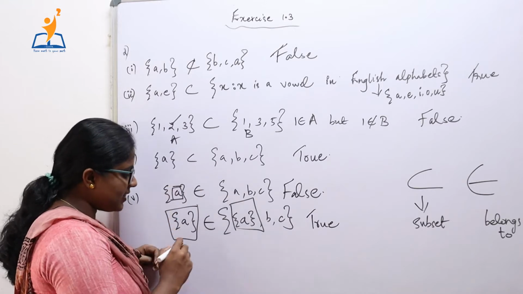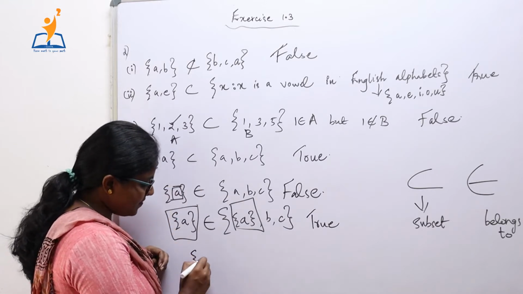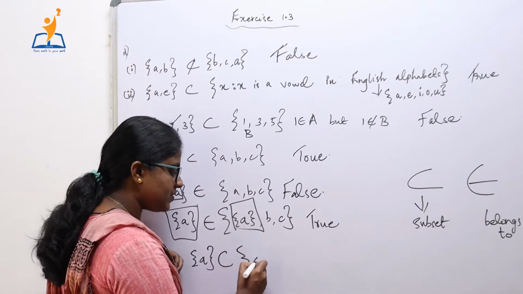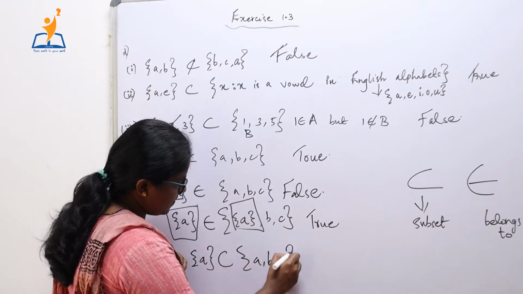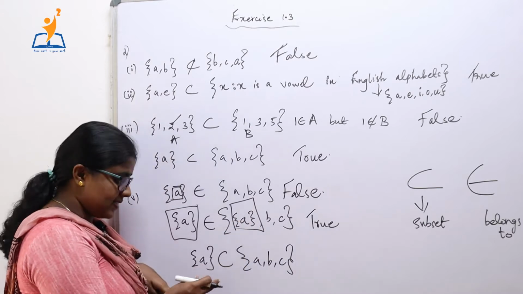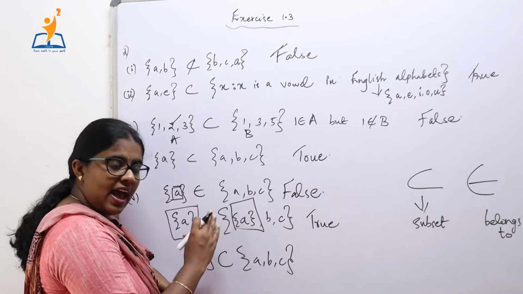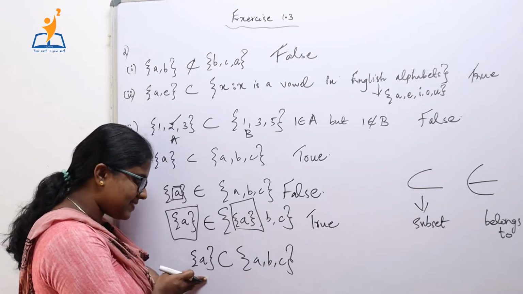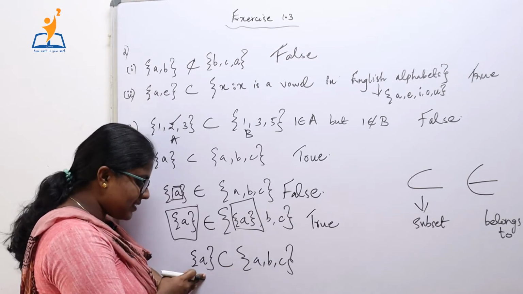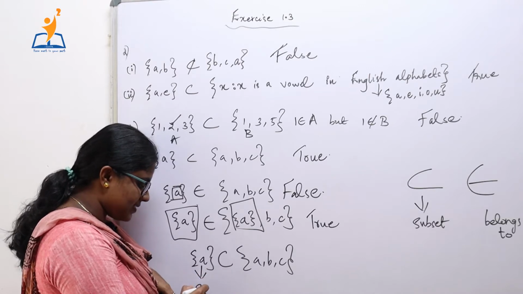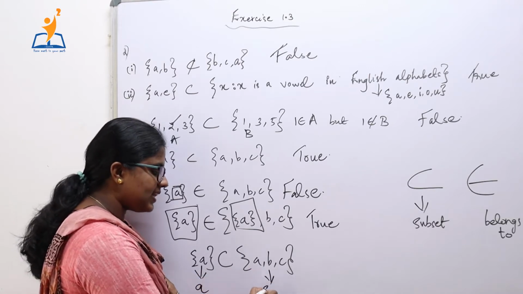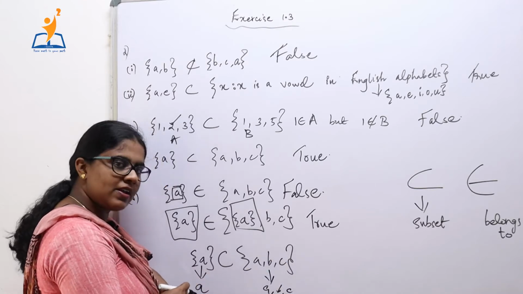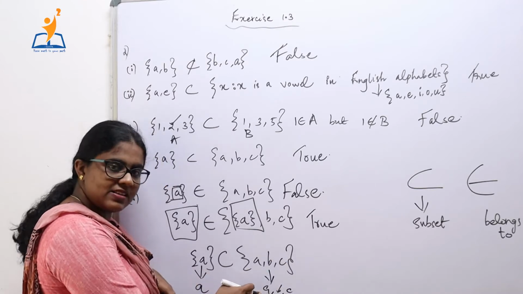Or another way we can say that set A is a subset of set ABC. Because this is a set and this is another set, and we can say that this is a subset of this set because every element of this set is present here. This set contains only one element, that is A, and this set contains three elements, that is A, B, C. So every element of this particular set, that is A, is present in this set also.